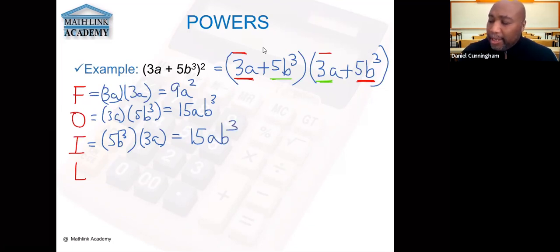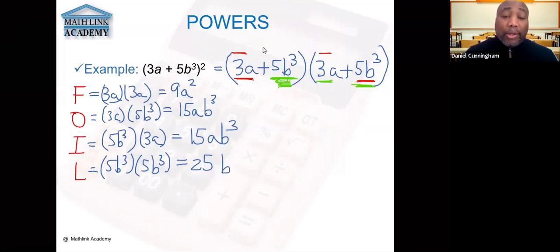And then the last. Again, we'll keep it with the light green. The last would be this 5b cubed and the last of the other one, 5b cubed. Let's write that down and multiply it. 5b cubed times 5b cubed is equal to 25b to what power?